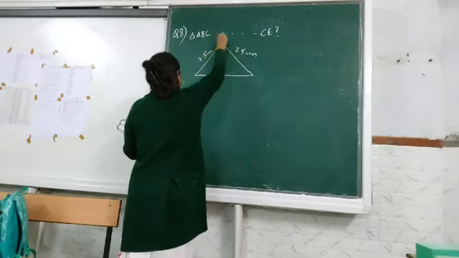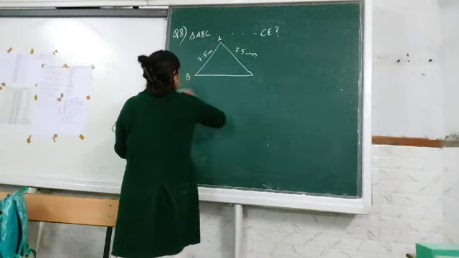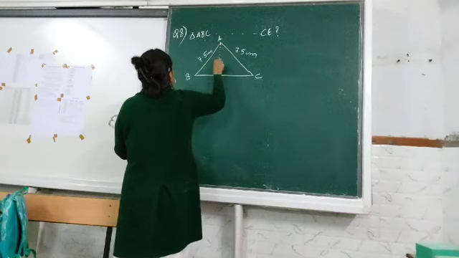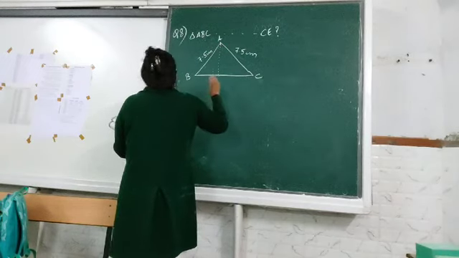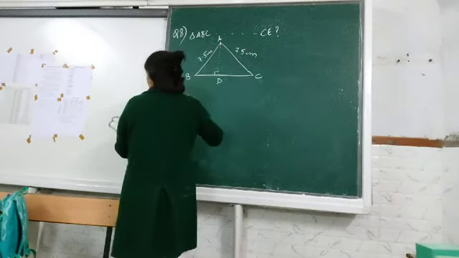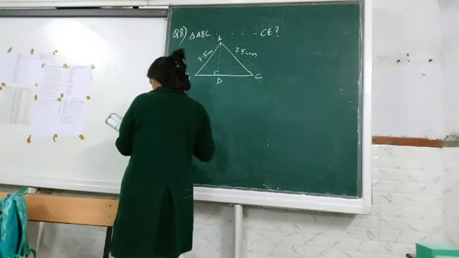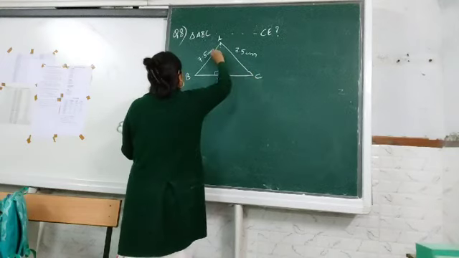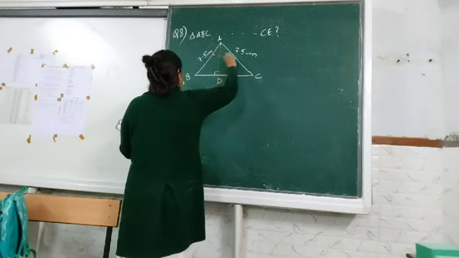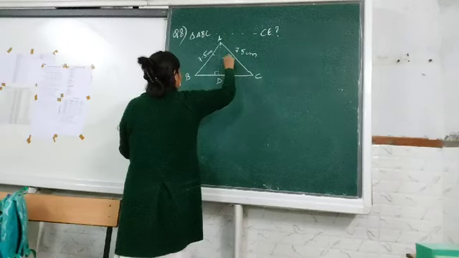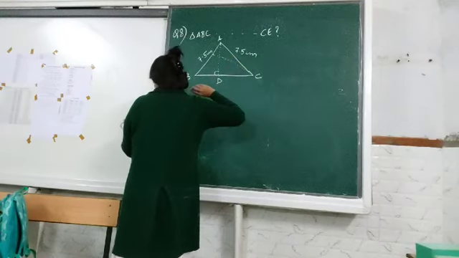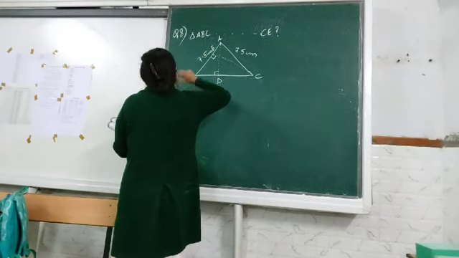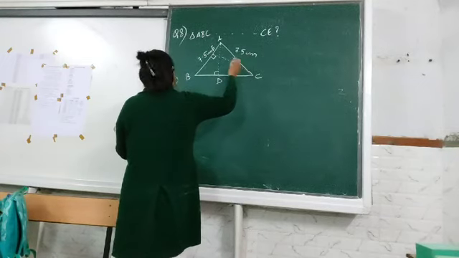This is A. This is B. This is C. This is D. This is somewhere here. So there are two heights, you can see. This is E. This is 7.5. This is 7.5. This is 6 centimeters.